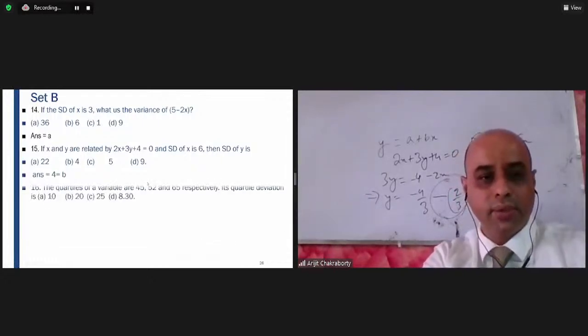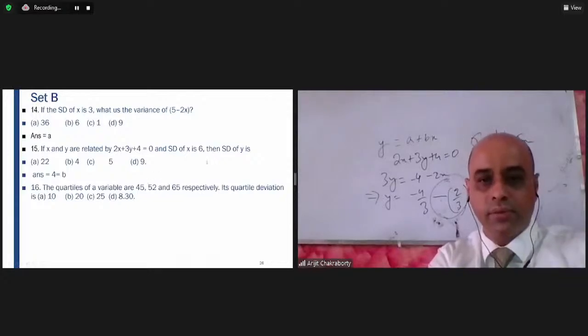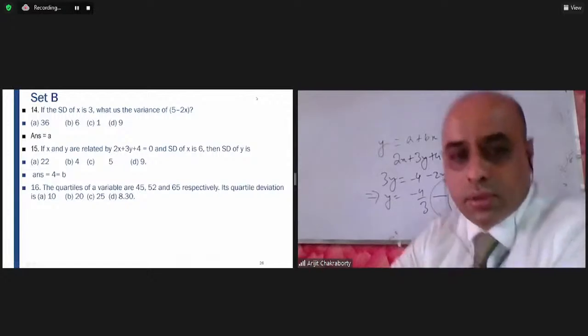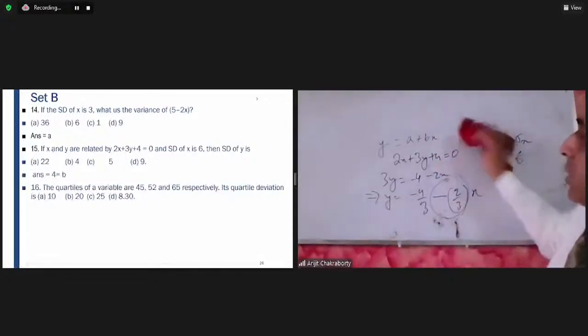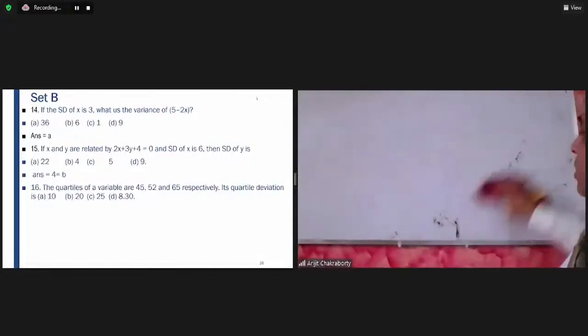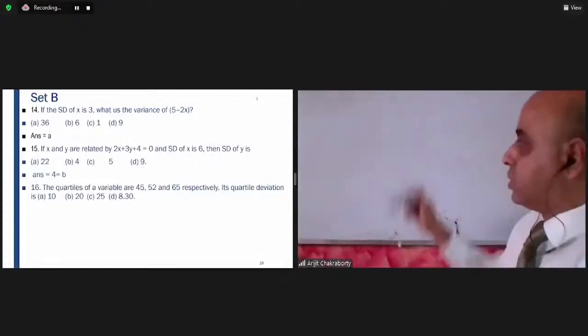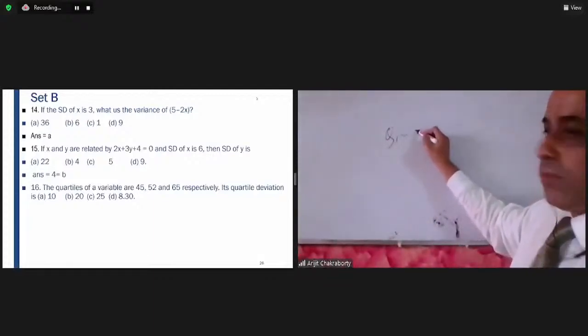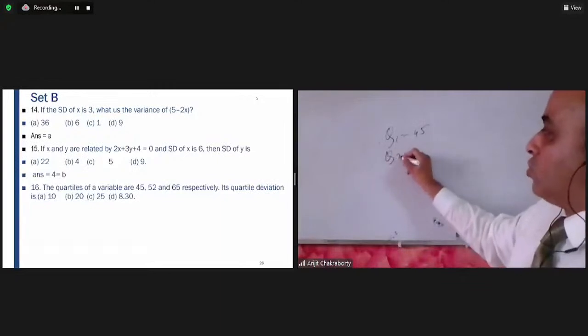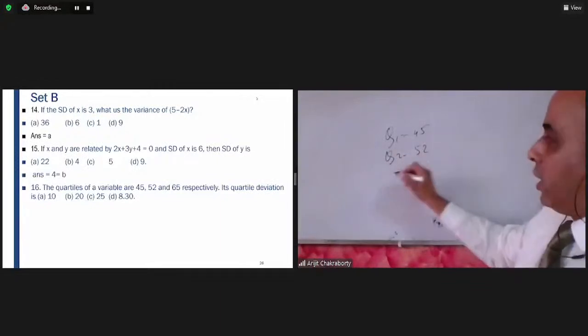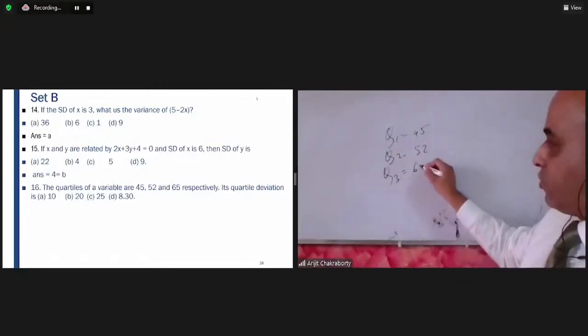The next question, let me take up number 16. The quartiles of a variable are given. Its quartile deviation is how much? First quartile, second quartile, third quartile, all are given. You have to find out the quartile deviation. So Q1 is 45, Q2 is 52, and Q3 is 65.